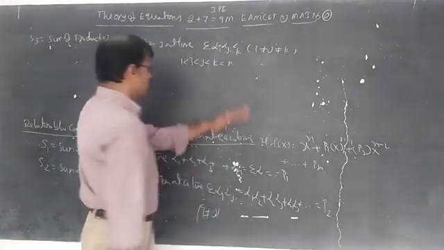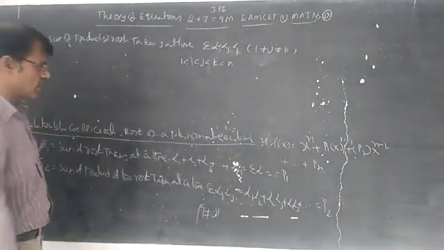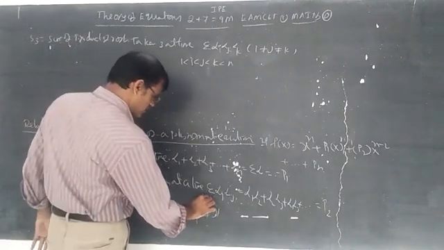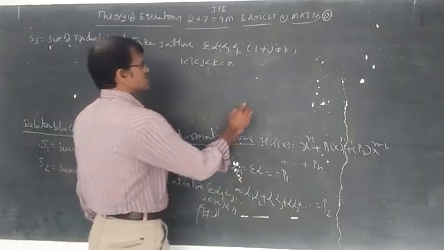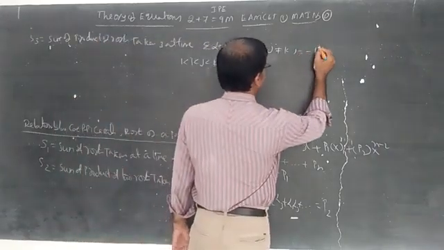So the value should be followed like this. It is denoted as minus p3.